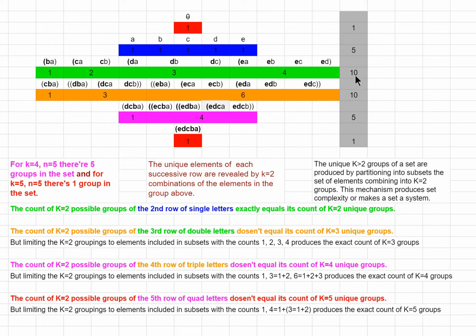There are 10 k equal 2 unique groups, which is the exact possible number of these single letters. These have been partitioned into a group beginning with B, 1, a group beginning with C, 2, a subset beginning with D, 3, and a subset beginning with E, and there are 4.